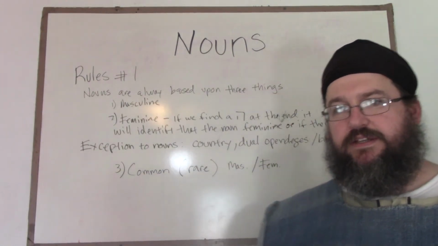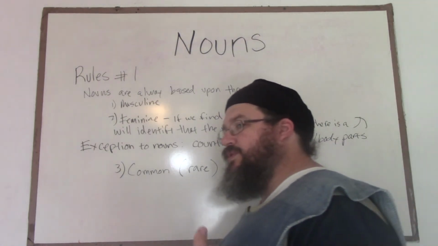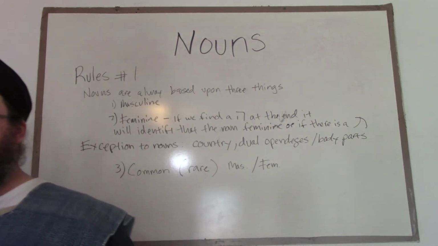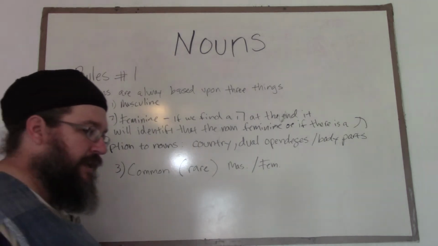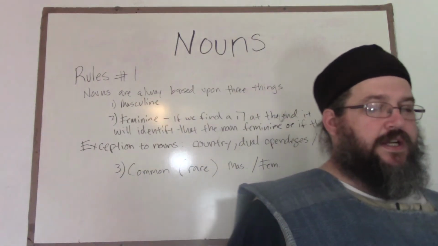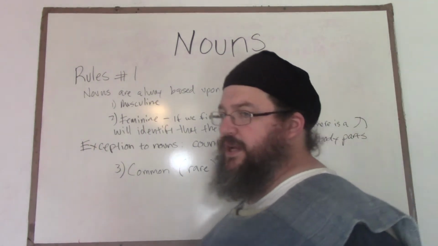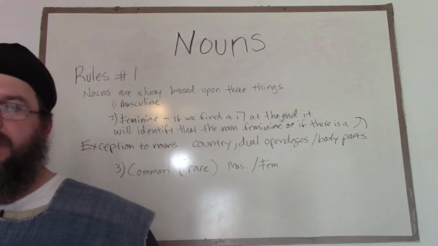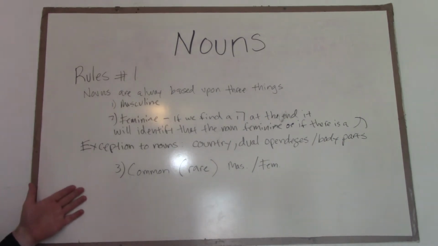Once I understand these things and I memorize these things really well, I immediately can go into a Hebrew grammar book and I can start working with it without having to start with all of these weird looking letters, because I already have a knowledge base that's telling me that there are certain letters that I should already memorize that's going to identify when I'm looking at nouns what a noun is and how a noun functions. We're going to talk about all the different functionalities that nouns can do, how they can be attached, what they can be attached to, but here we're just going to talk about the rule number 1.